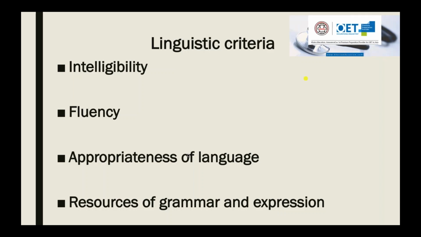So your language, your tone, your fluency would have to be adjusted accordingly, and this is a part of this criteria as well. And then the fourth is resources of grammar and expression.